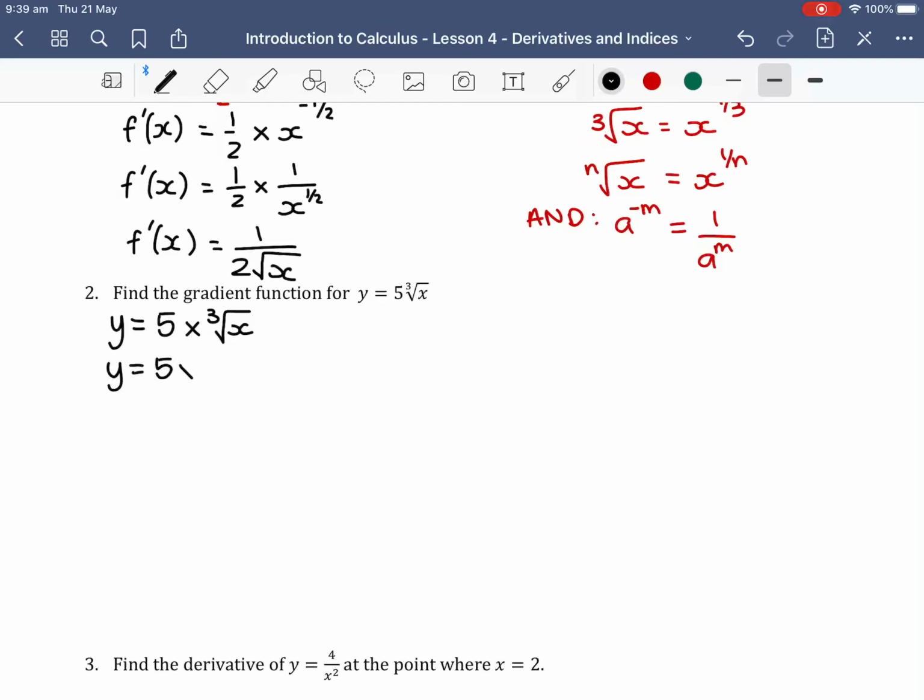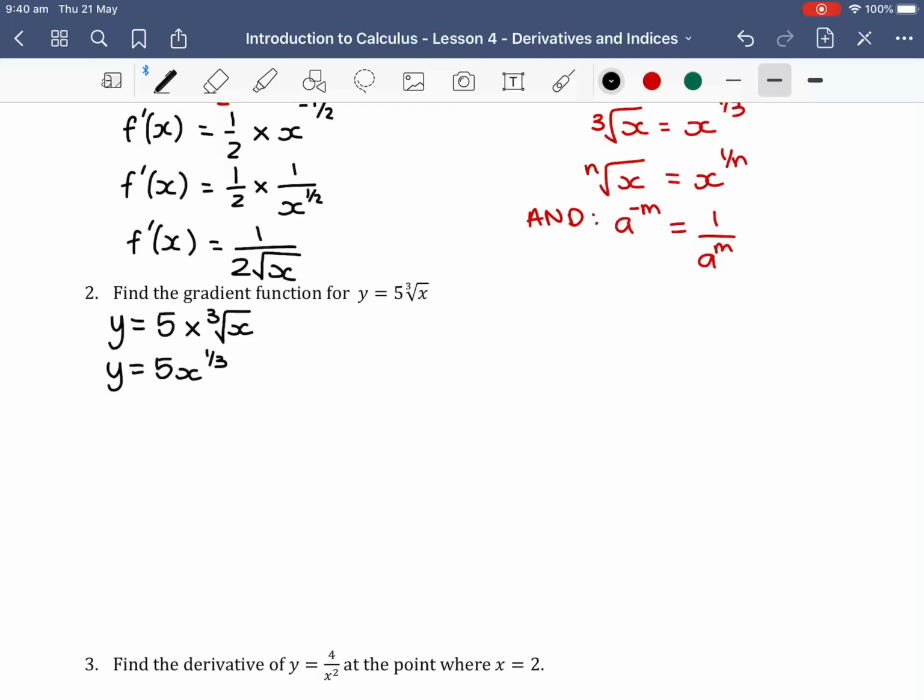So y equals 5 times x to the power of a third. We'll just get rid of the multiplication sign there.